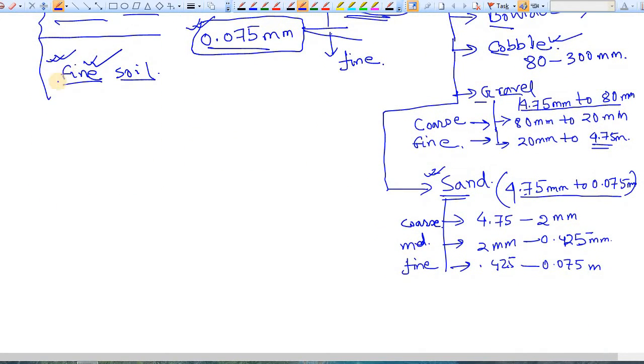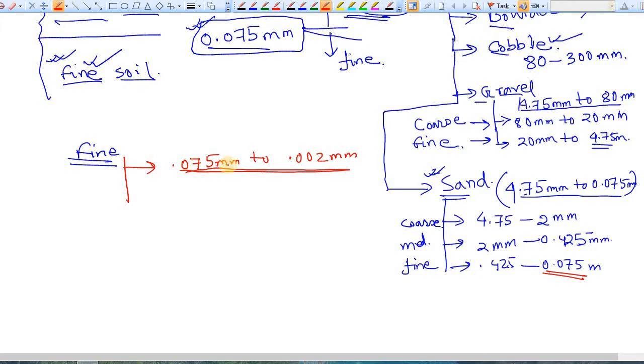Let's see how many soils there are in the fine category. In the fine category we have two types. Fine starts from 0.075 mm down to 0.002 mm, and the particles in this range are known as silt. The particles less than 0.002 mm, or 2 micron, are known as clay.